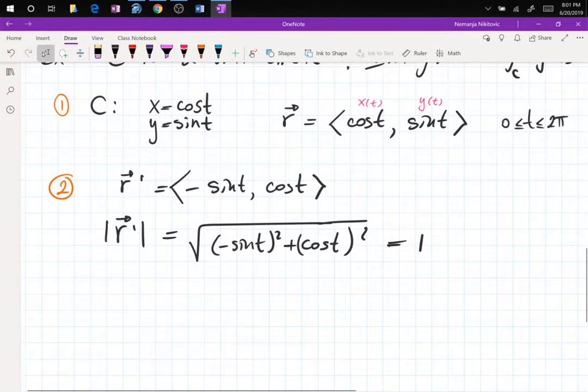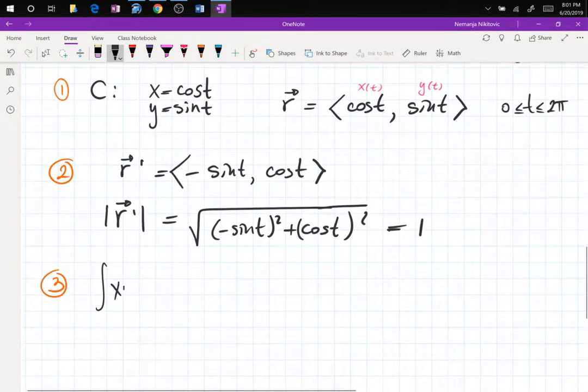So now, number 3, we do the integral. So the integral of xy squared ds is going to be the integral from a to b, 0 to 2 pi. And then instead of x, I have to have my cosine.